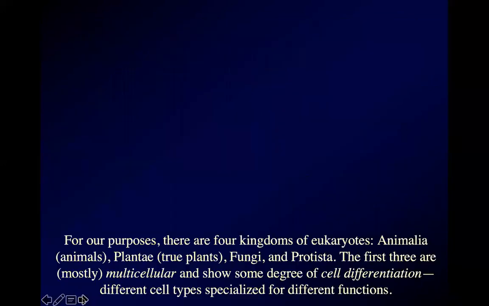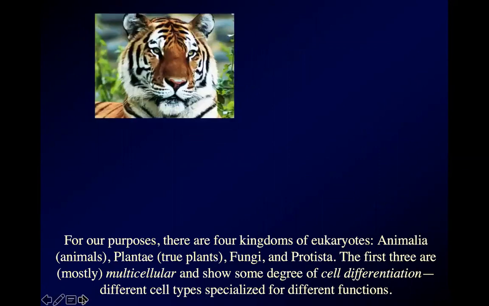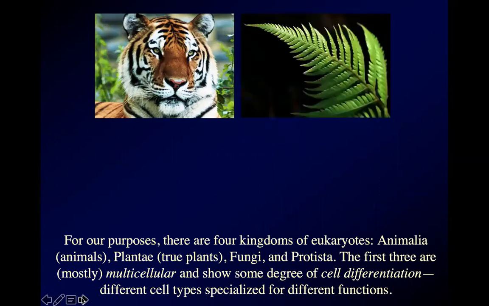For our purposes, we'll cover 4 kingdoms of eukaryotes. A domain is divided into kingdoms, and we can divide the domain eukarya into 4. Kingdom Animalia includes animals. Kingdom Plantae includes plants.